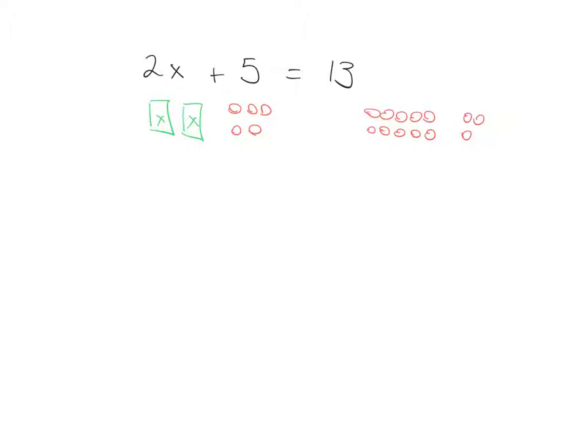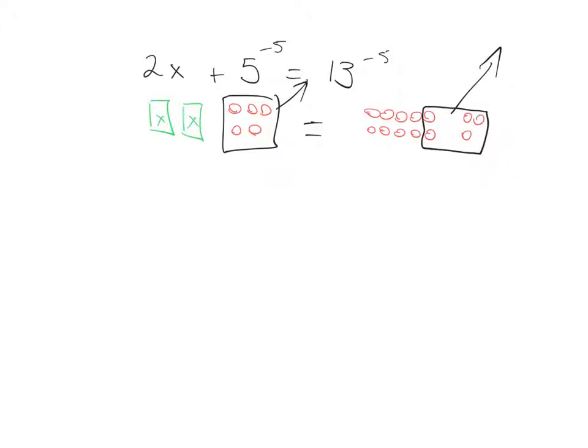Now, first thing I'm going to do is deal with this plus 5. I want to get rid of these 5 ones. Well, we'd subtract 5 from both sides. That would be the first thing I would normally do. Well, neat thing here, I can take these 5s, and subtracting 5 just means I can get rid of them, throwing them out. Because these both are positives, I can take 5 over here, do the same thing, throw it out.